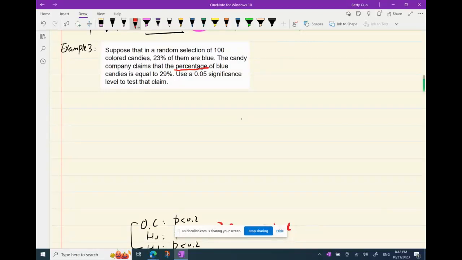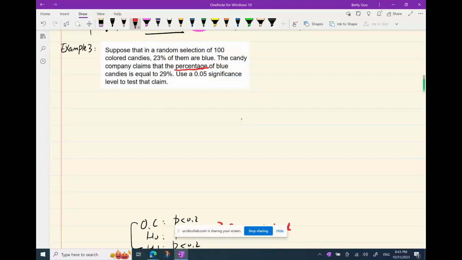When you see a percentage, like 23%, that is a sign we're going to test the population proportion. The proportion of what? Blue candies. If you get a blue candy, you succeed. If you get the other colors, you fail.